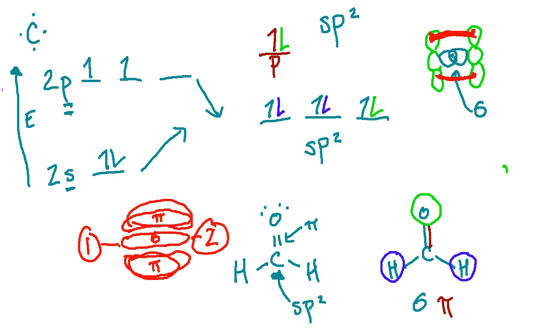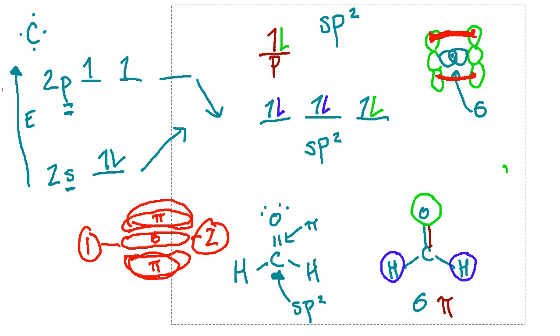And that means I can only have pi bonds if I have p orbitals in the first place. So anything with a pi bond must have some amount of p orbital character left behind. Whether it's sp2, whether it's sp, sp3s should not be hosting any type of pi bonds because we don't have p orbital overlap available. All right, so that helps to explain sp2.